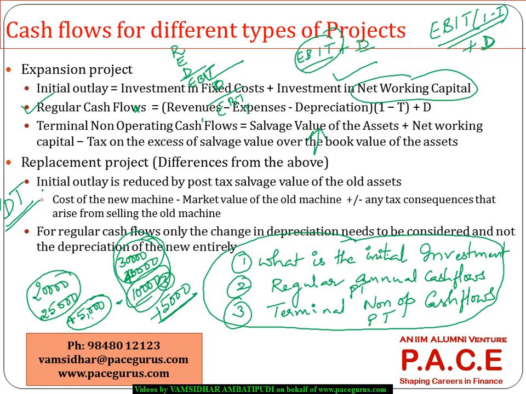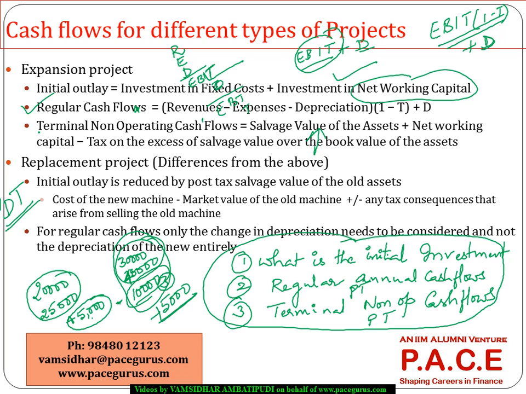Whereas when I sell it at more than the book value, whatever tax benefit I have got, I have to forego to that extent of excess. That's where I am subtracting the tax and finding out the terminal non-operating cash flows.